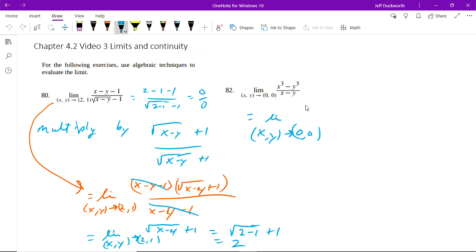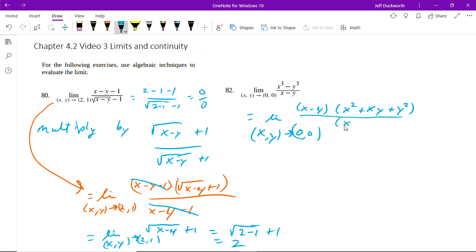So our numerator can be expanded as x minus y times x squared plus xy plus y squared. And again, if you FOIL these, the x squared y's cancel, and we get just this x cubed minus y cubed.